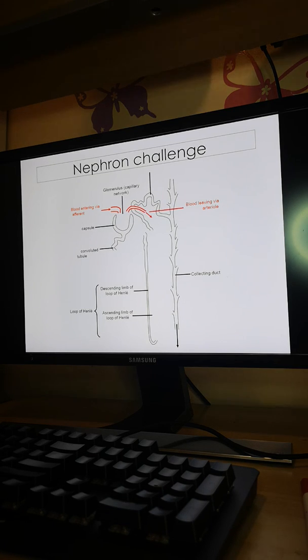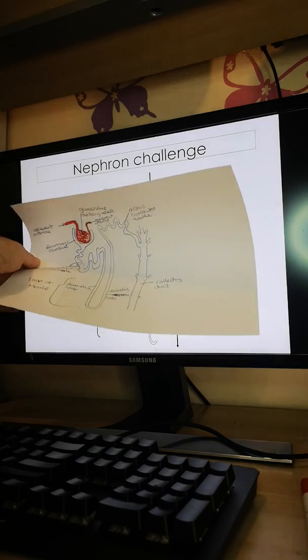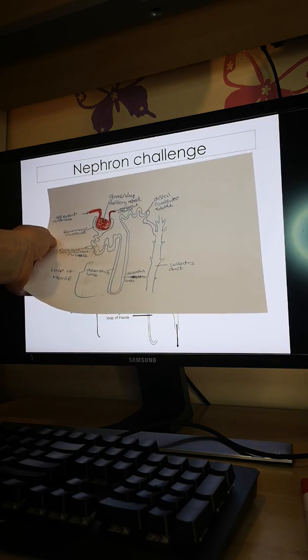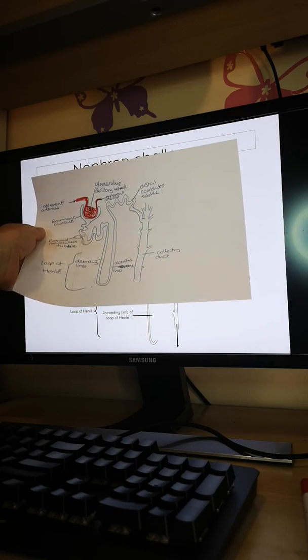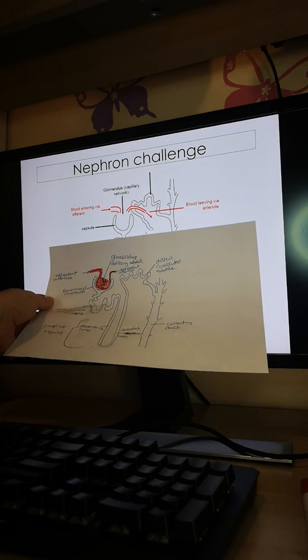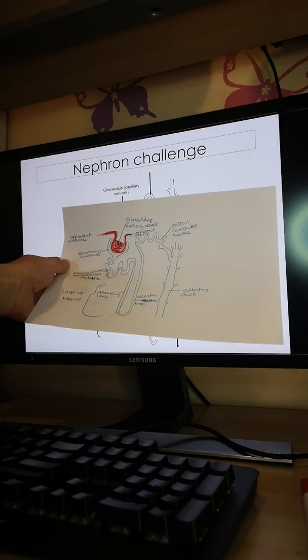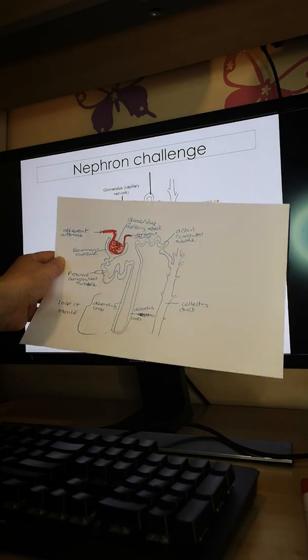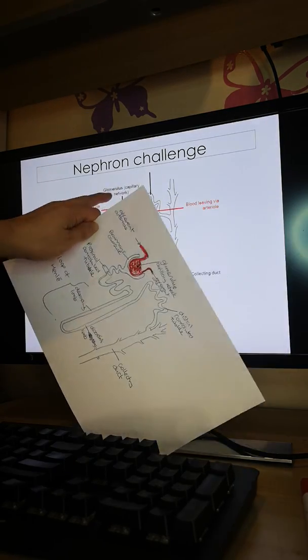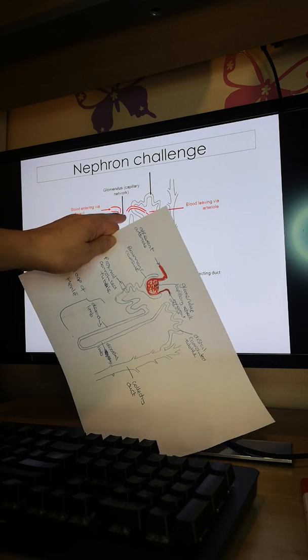Okay, you should have unpaused now, so I'm going to be revealing my beautiful diagram. So I've done this beautiful version here. Okay, so what was missing then from this diagram? Well, the first thing you can see that I've drawn in is a capillary network, which is your glomerulus, which is this here.